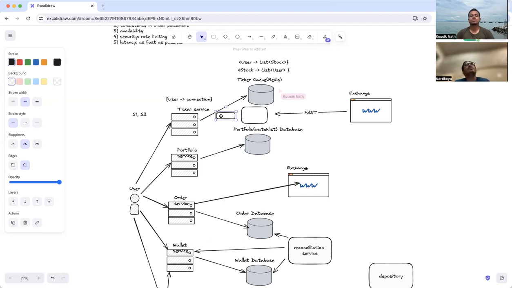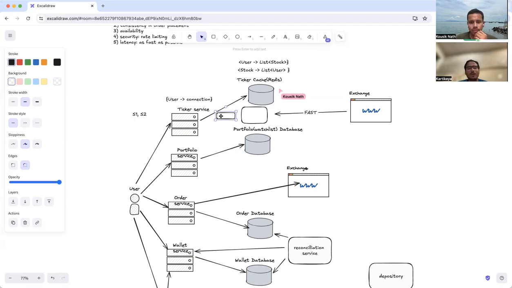We need to identify which servers have subscribed to this particular stock. So if we have a single topic and all the servers have subscribed to it, should we do that?